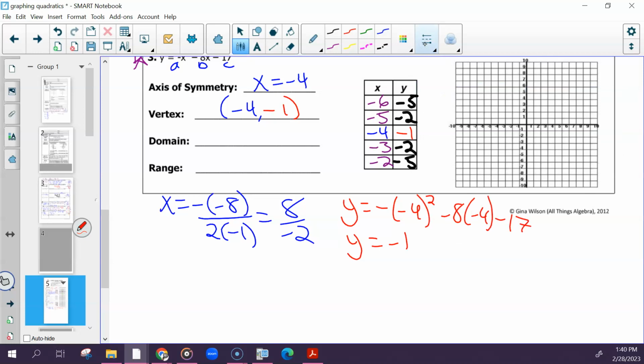So the vertex is -4, -1. And then I have -5, -2, -6, -5. And then it should be the same on the other side: -3, -2, and -2, -5.